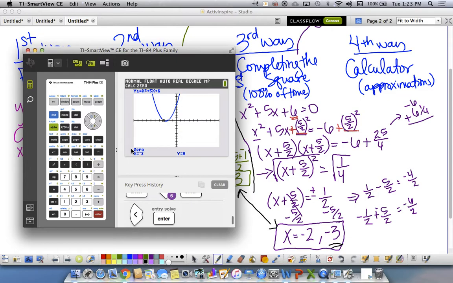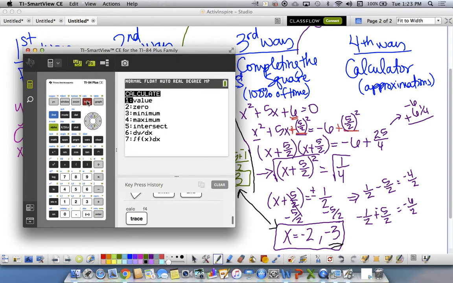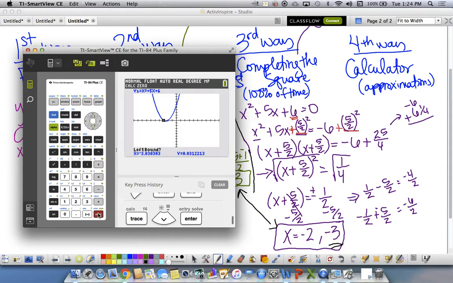Okay? Let's go back. I'm going to hit second trace. I think I made that bigger. I don't know what I did. Okay. Whatever. Second calculate. I'm going to go down to number 2 again. And I want to know where this piece is. So I'm going to go over to my left bound so it's below or in the middle where the graph goes below the x-axis.